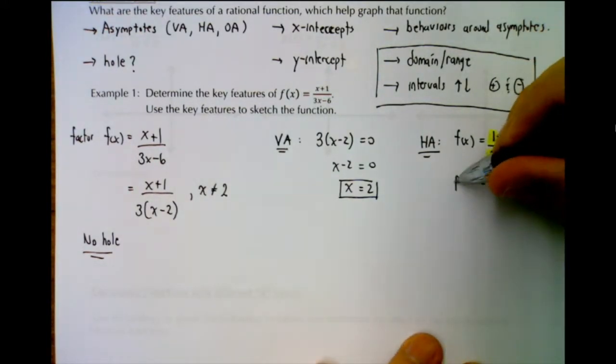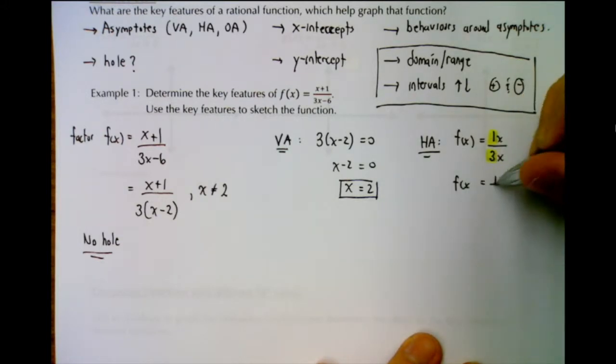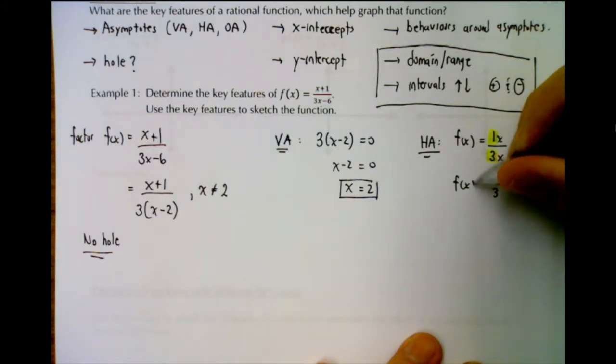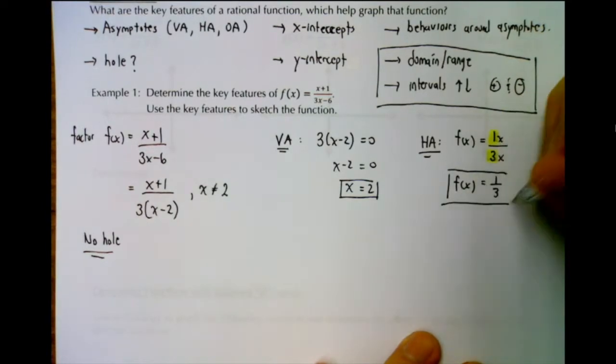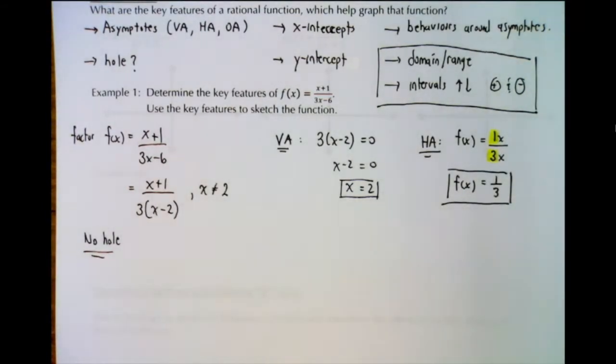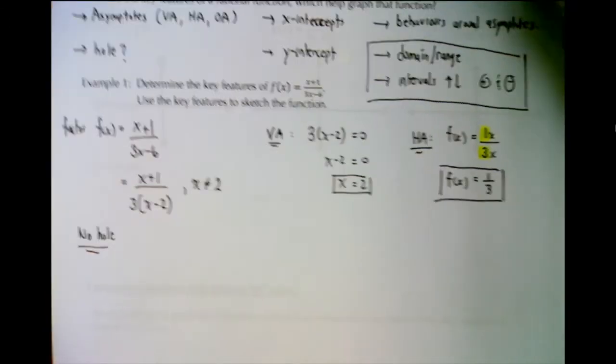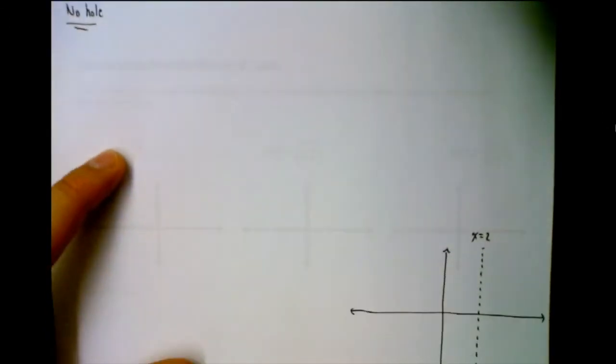So that means our f of x is going to equal 1 over 3, and that is going to be our horizontal asymptote. Because the degrees are equal, as x gets really, really big, we're going to level out around 1/3. And I'm going to prove that to you when we look at our behaviors around our horizontal asymptote. So let's graph that horizontal asymptote.